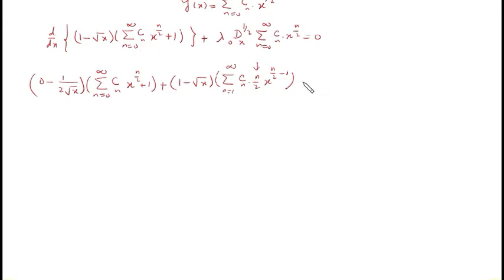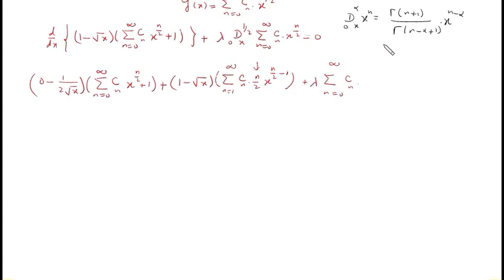Now we have lambda, and then I will take this derivative inside the series, summation n from 0 to infinity cn, and then I will apply the definition of the Caputo fractional derivative. The definition is this: the derivative from 0 to x of order alpha of x to the power n is equal to gamma of n plus 1 over gamma of n minus alpha plus 1 times x to the power n minus alpha.